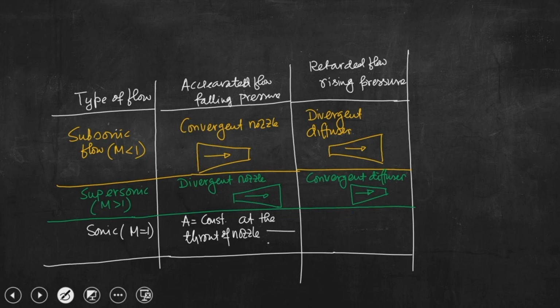So, this part, area is equal to constant, and this is also A equal to constant at the throat of the diffuser.